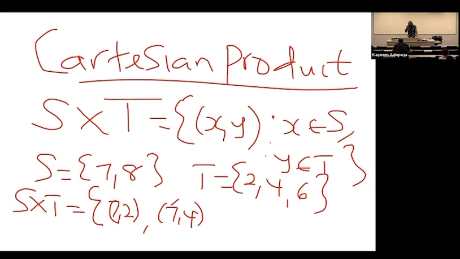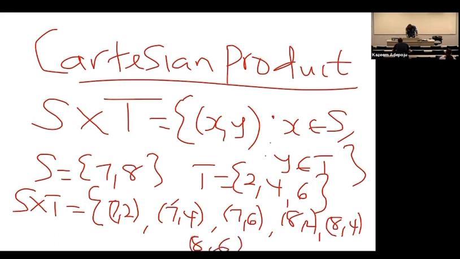Please look at the order, the order matters. I've already used 7, so now I'm going to use 8: 8, 2; 8, 4; 8, 6. Look at that. That is a Cartesian product. The pairs 7 and 2, 7 and 4, 7 and 6, 8 and 2, 8 and 4, and 8 and 6 are the x, y that I talked about.